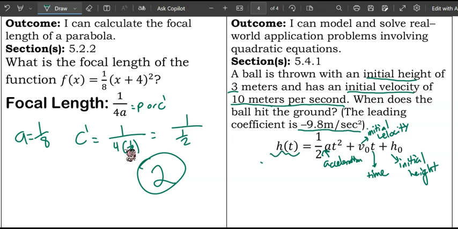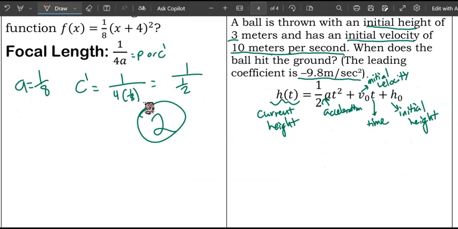And this is the current height. Using our givens, we're going to plug these into the formula. h of t equals negative 9.8 t squared plus our initial velocity 10t, plus 3 for our initial height.